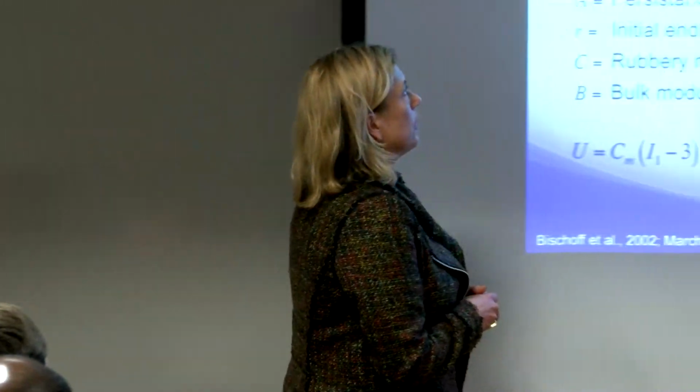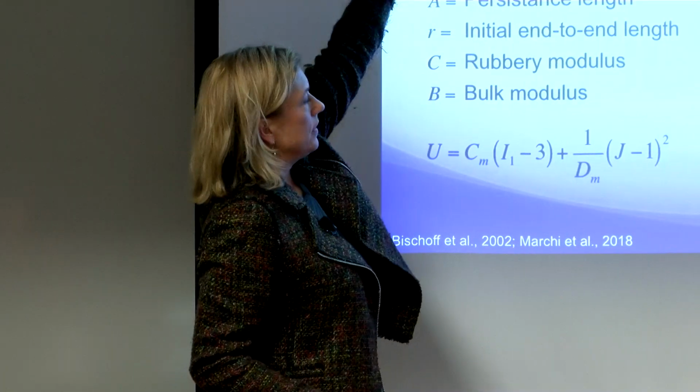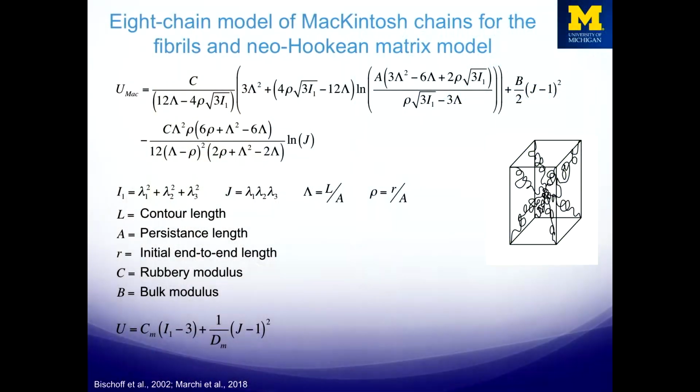We take that one chain model and make it 3D now because we're trying to describe three-dimensional deformation. So this is the strain energy density function when we take 8 of those chains and put them in an anisotropic unit cell and add up the strain energy. Again, the parameters are the same things we talked about before, but now because it's a network, you have a rubbery modulus, sort of a network stiffness.